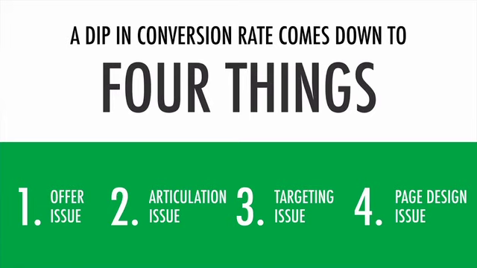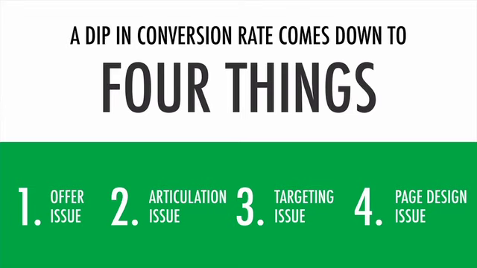If you have a great offer, but you're not explaining it well enough or clearly enough or attractively enough, then you're not going to convert anybody as well. So these are the offer issue. If there's a problem there, that might be something that cuts you deep and you have to dig in through. But an articulation issue is easier to deal with. And it's easier to test and it's easier to prove.